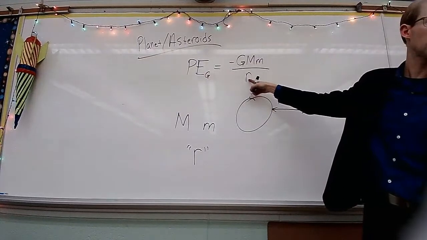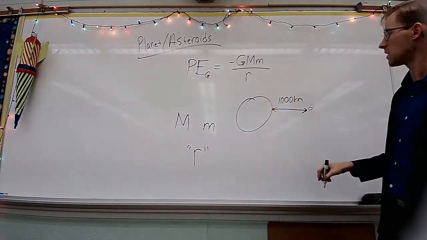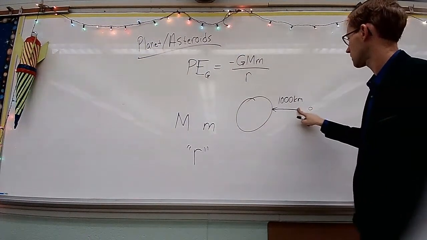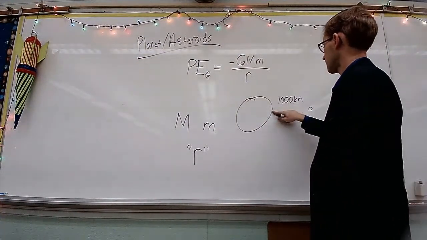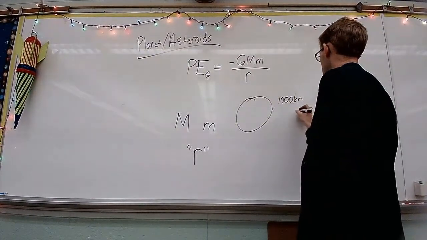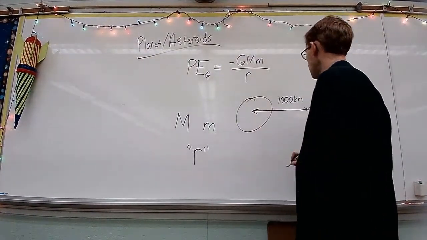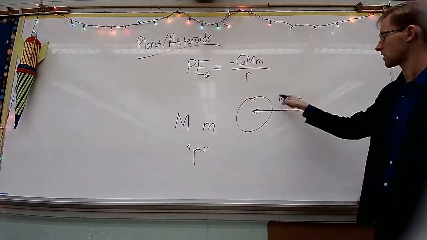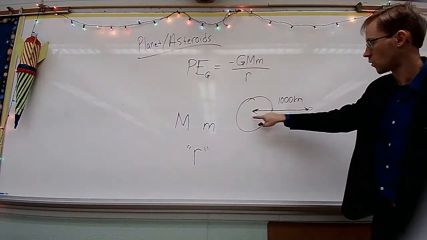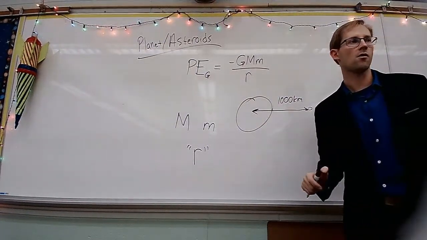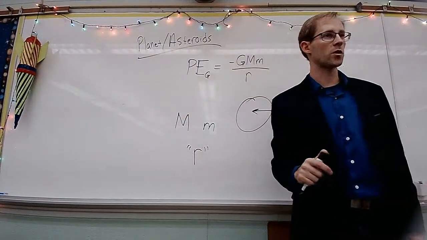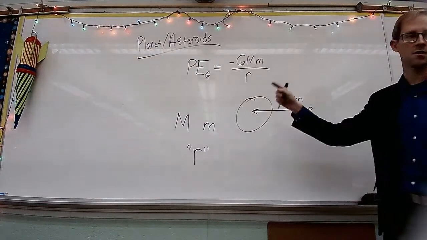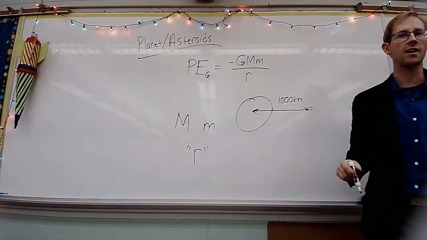What you would need to do to get that R value is you need to take the radius of this planet into account. And so in this case, it's going to be 1,000 kilometers plus whatever the radius of this planet is. And all those values are in the back of the book for you as well. So make sure you're aware of that. And you'll want to convert that to meters too, of course. We want to stay in SI units for this.